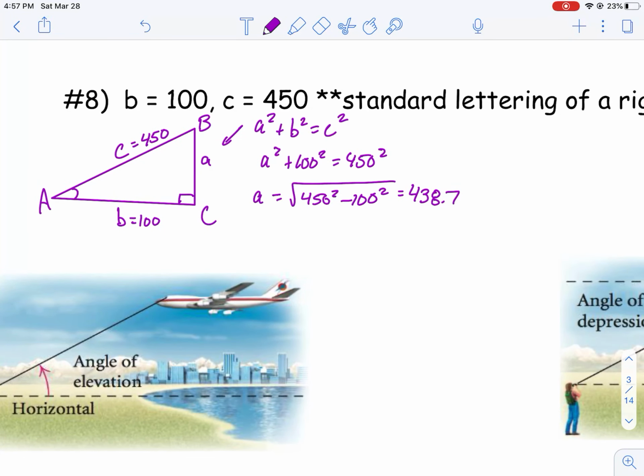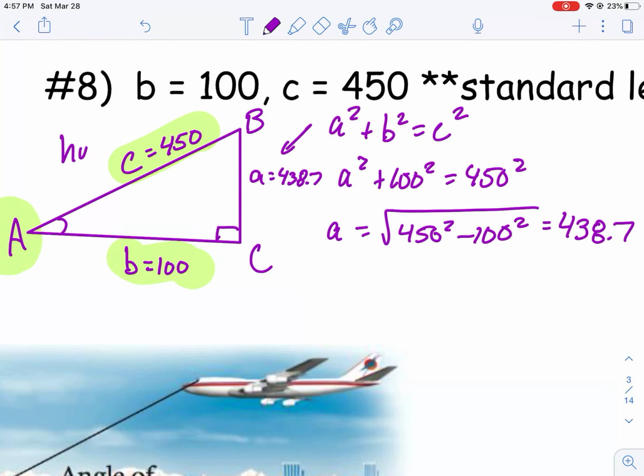Now, how am I going to find angle A? If you look at angle A, there are a couple of ways of doing this. We now know that letter A is 438.7. I'm actually going to use these because there's no decimals involved. If I use angle A, then B and C have certain names, right? C we call the hypotenuse.